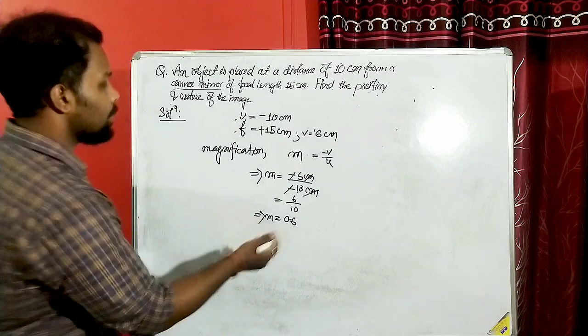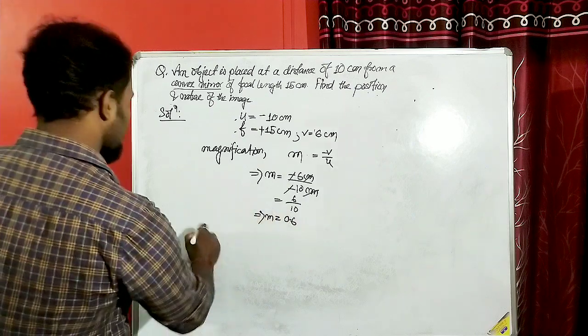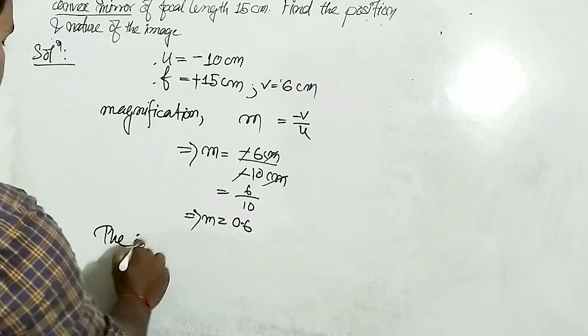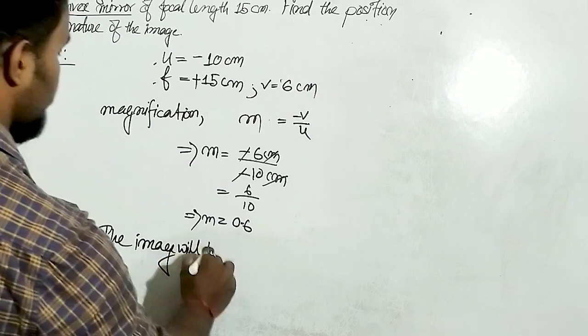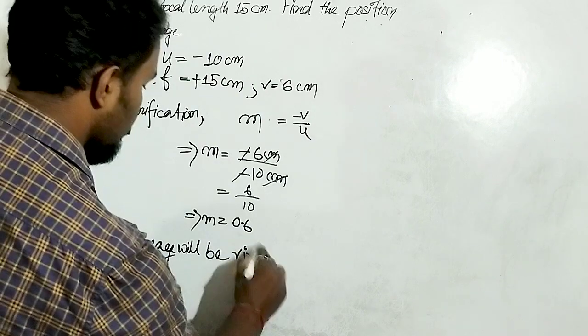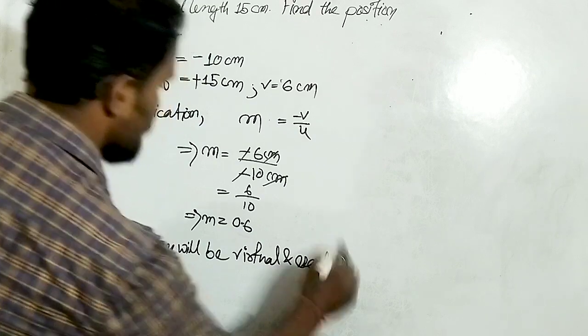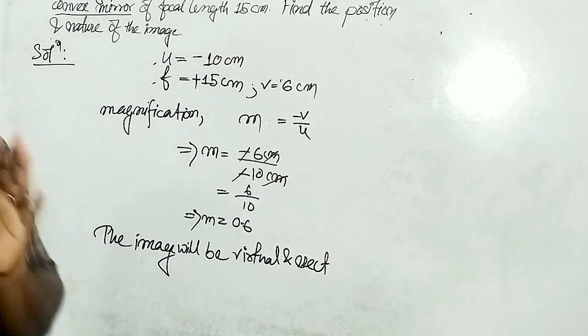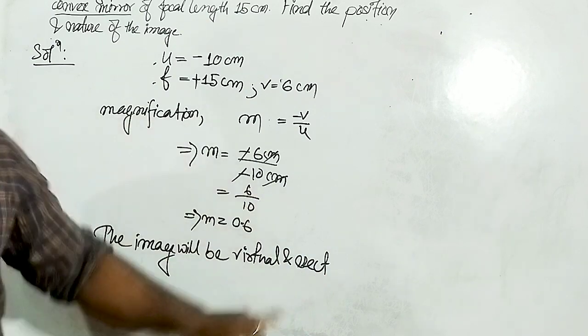So what we can write from this formula or this result, that the image will be what? Virtual and erect. Because if some image is virtual, it has to be erect, because with virtual there cannot be inverted, and with real there cannot be erect.